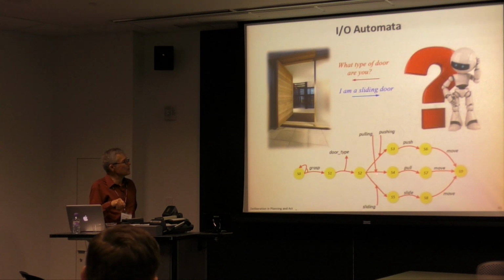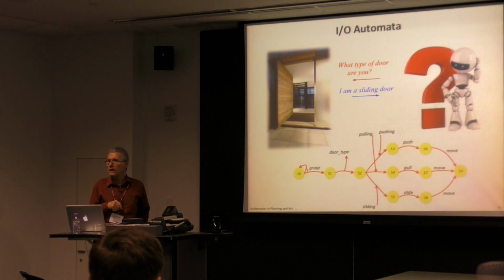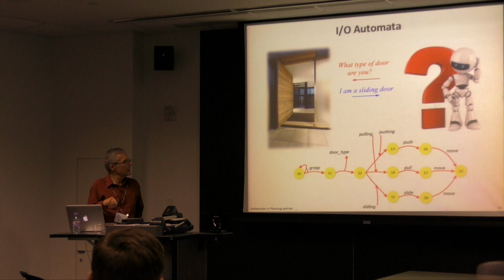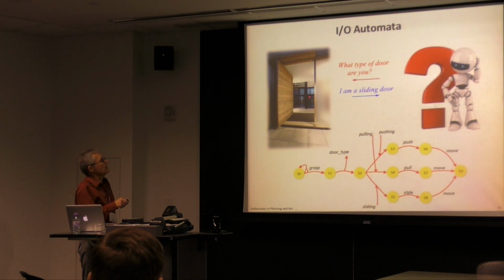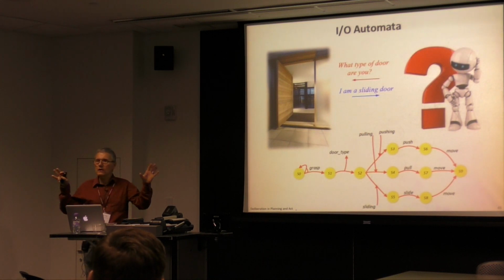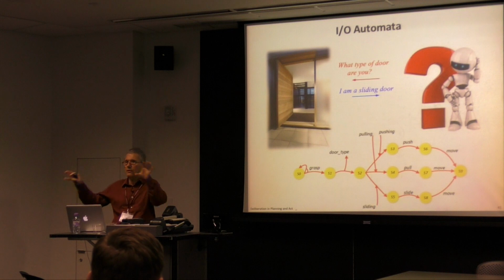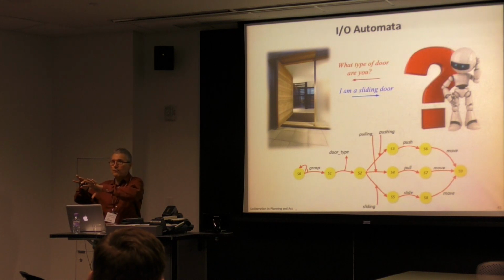Here we have potential inputs that the door can provide that then will tell us which one of these directions we're going in this network. Okay? And the door would presumably have another input-output automaton which would get this message and which would provide one of these messages. So you can have several of these things interacting with each other in order to accomplish something.